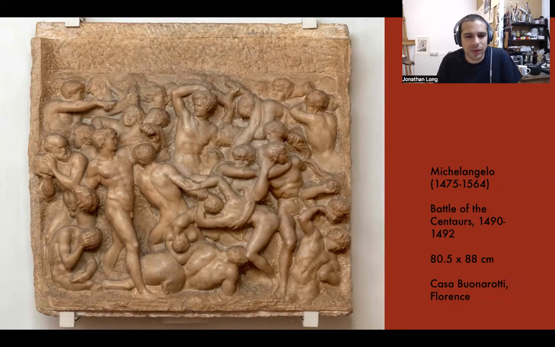And it's evident that he's looking at Bertoldo di Giovanni, who was quite a pioneer in his own right of having this congested composition of figures, and also looking very closely at classical relief sculpture.